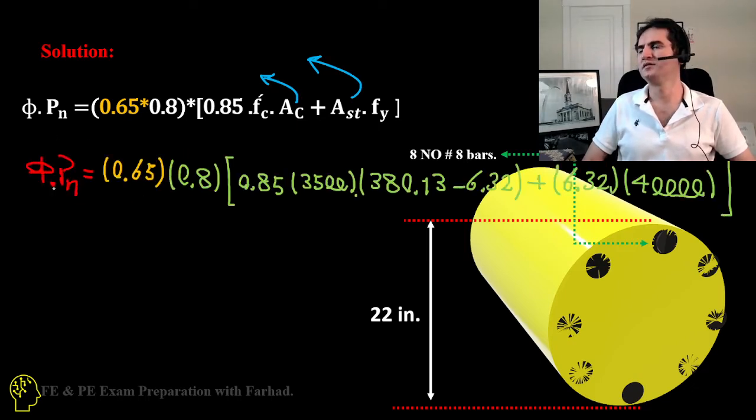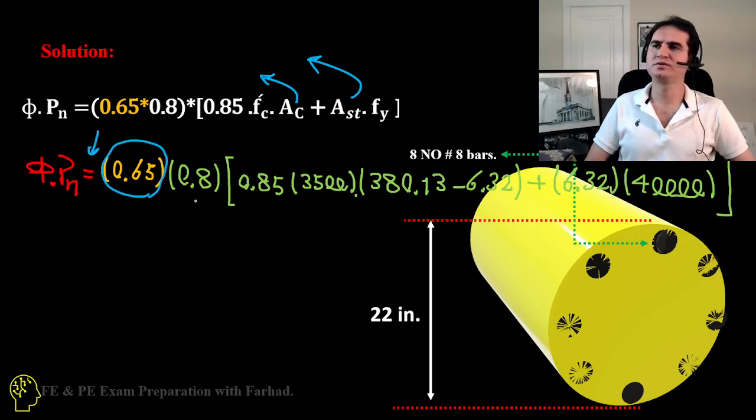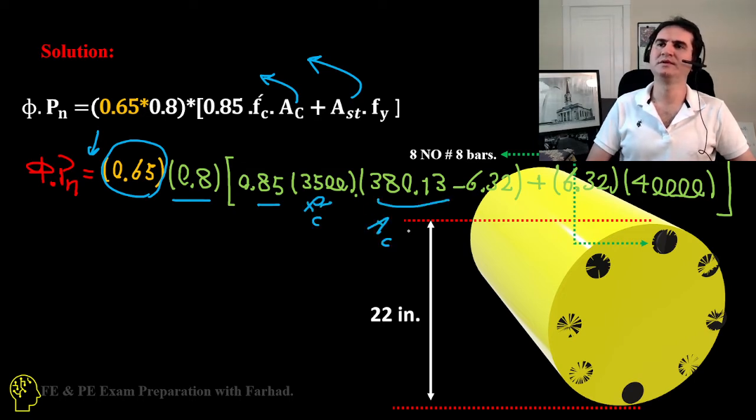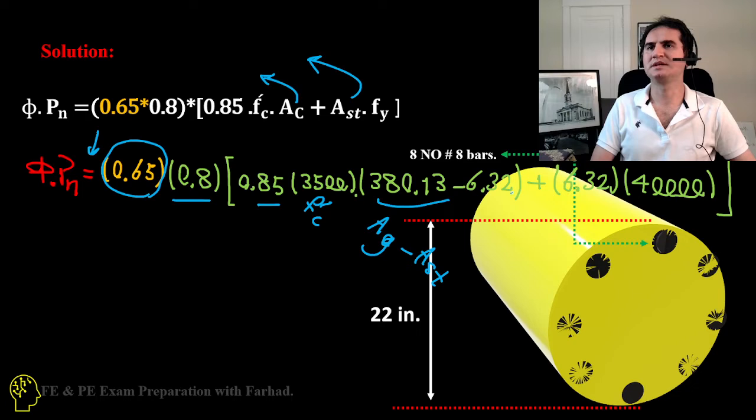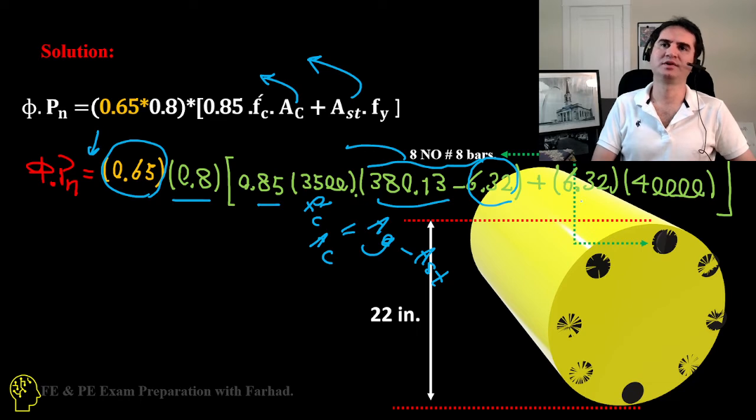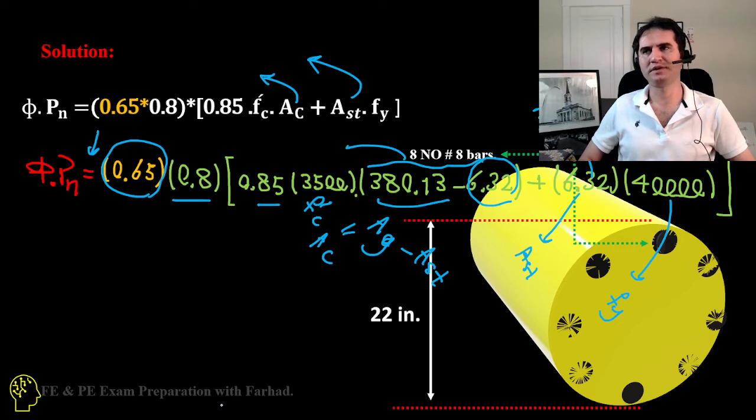So that's phi times Pn, which is 0.65, the resistance reduction coefficient, times 80%, times 85% in the main formula, times F prime C times Ac, that's Ag minus A steel, which is A concrete, plus A steel times Fy of steel, which is provided to be 40,000.